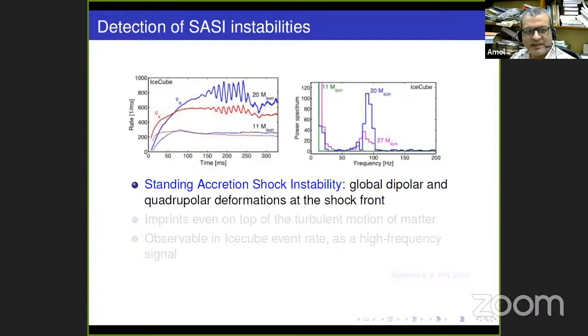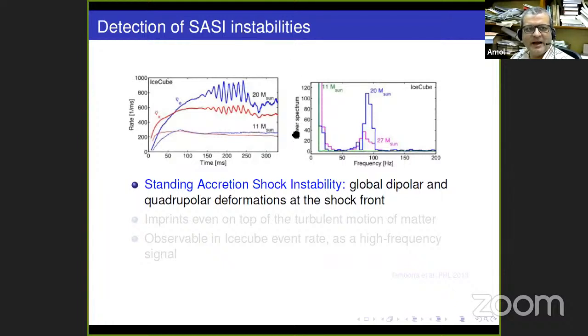Another thing we can get information on is the explosion of the star through the instabilities that I mentioned some time back, the hydrodynamic instabilities. They are normally called SASI, or standing accretion shock instabilities, and they basically mean that there are very big fluctuations in the density at a very large scale inside the star.